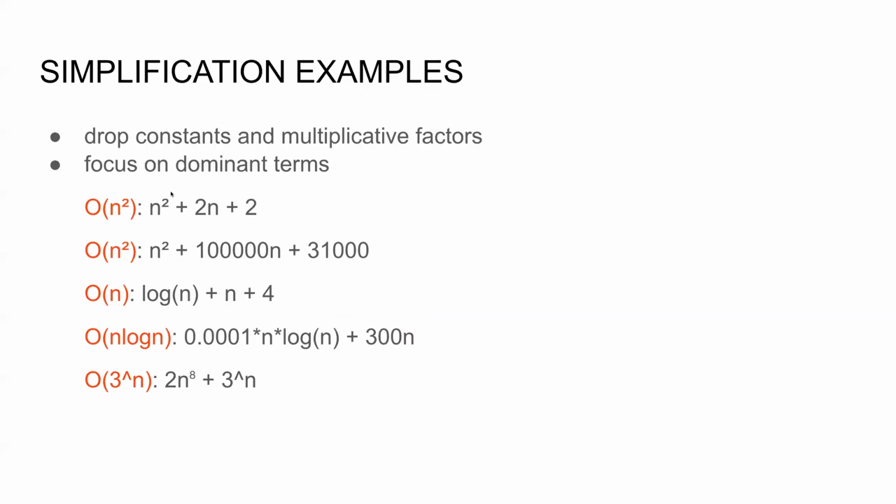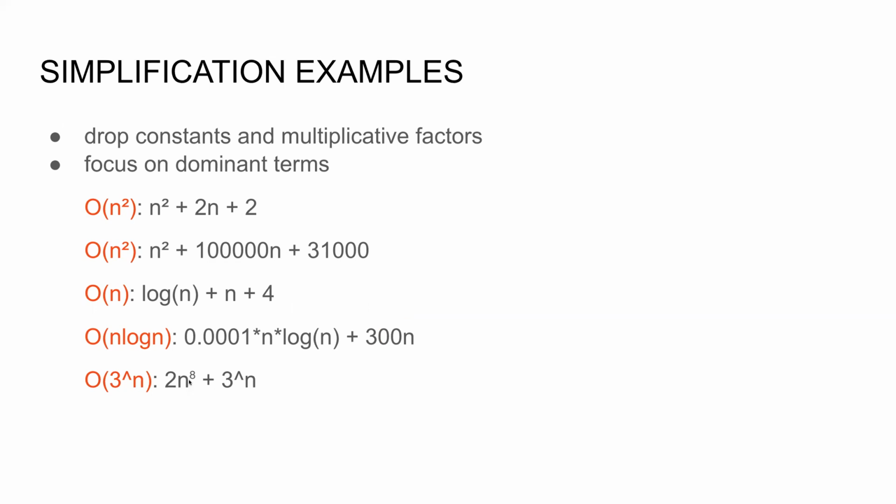All right, so here are some examples. The first can be written as n squared plus 2n plus 2. We ignore the lower order terms, so we only have n squared left. That's the second one. And for the third one, because n grows faster than log n, this is overall O of n log n. Same here, n log n is faster than linear, so it's n log n, but we also ignore the constant multiplication factor.